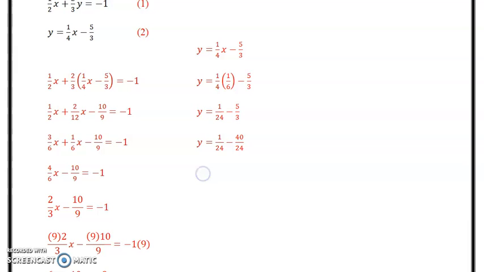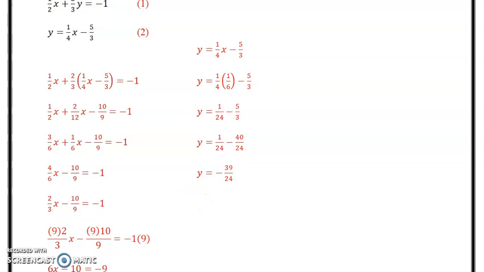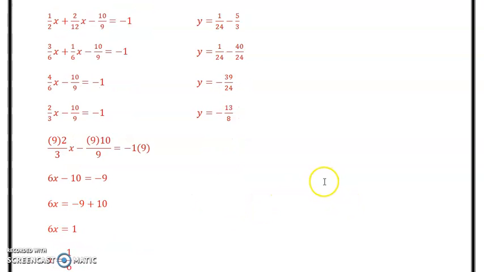And then we subtract. So we end up with negative 39, right? Subtract numerators, denominator stays the same. We get negative 39 over 24, which we know can simplify to negative 13 over 8. Okay, so there's a real comfort level here with fractions.